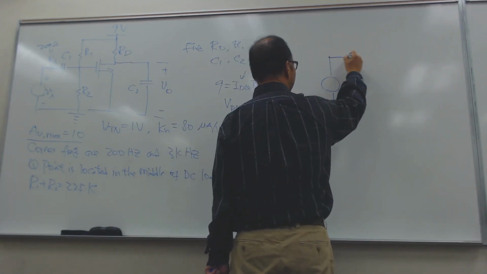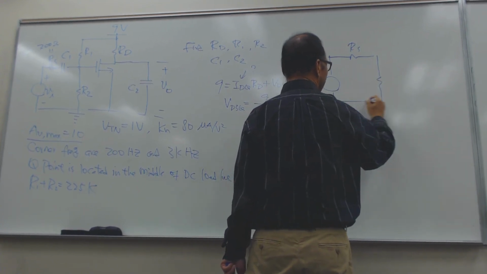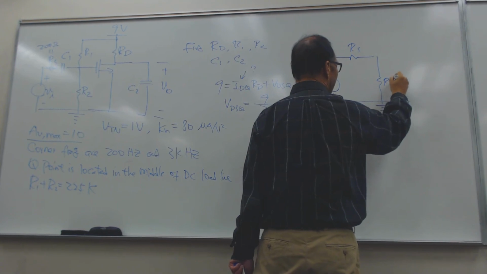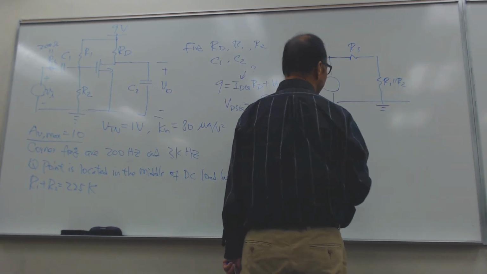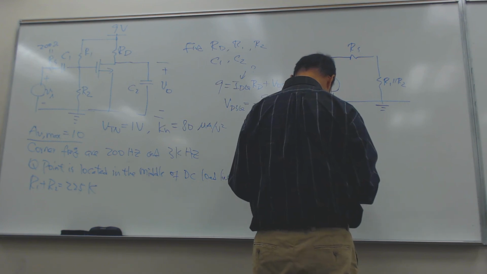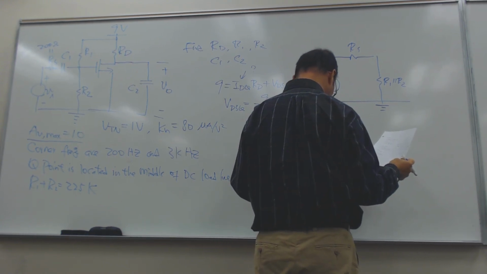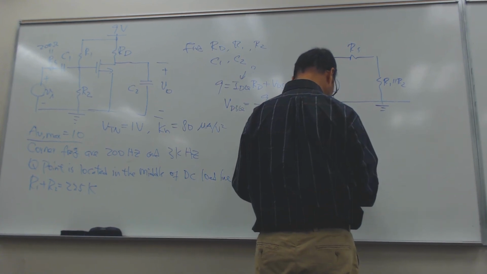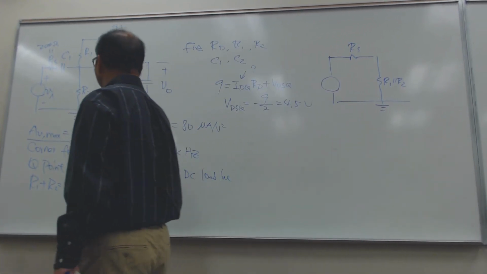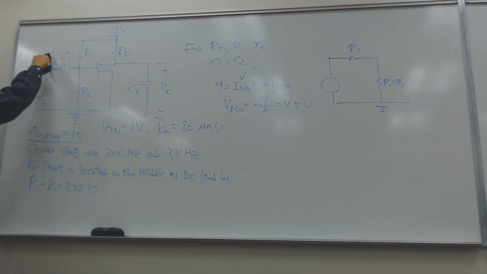Basically, you have R sub S, R1 in parallel with R2. Maybe I take out the R sub S to make it easier, just make it a short circuit.